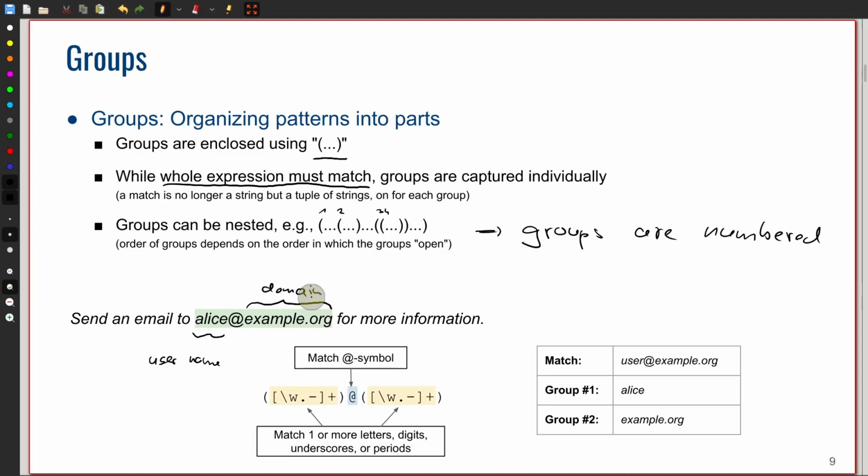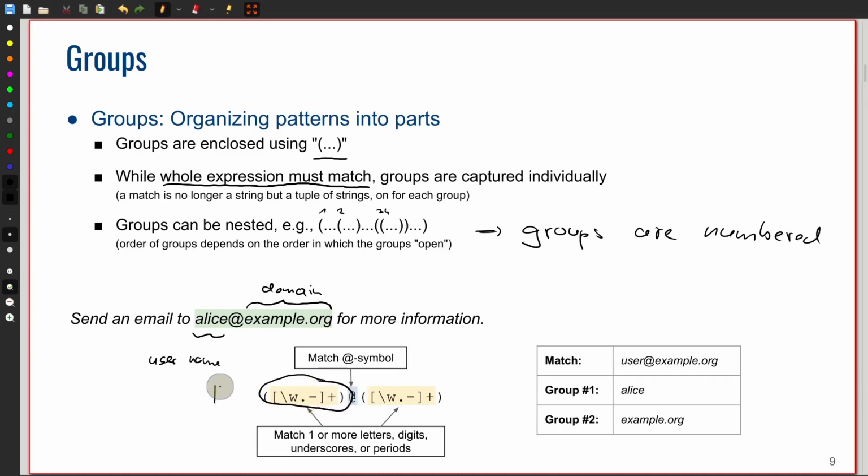Because this can be very useful for further pre-processing, so that we can say, okay, we only consider usernames for any kind of additional analysis. So what we have here is a very simple way to try to find email addresses. We match one or more letters, digits, underscores, and periods. This can be an arbitrary number, but at least one. This is for domain and for username, but they must be concatenated via this @ symbol, which roughly speaking forms an email address. But we do so by matching the username part into a group.